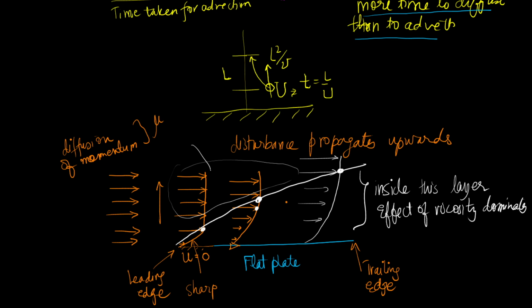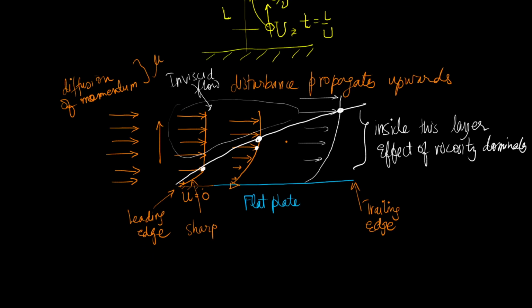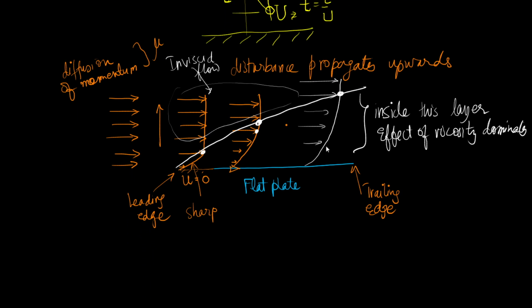So these regions behave like an inviscid flow. It demarcates the domain into two regions: a region where viscous effects are important and a region where viscous effects are not important. This particular layer is called the boundary layer.